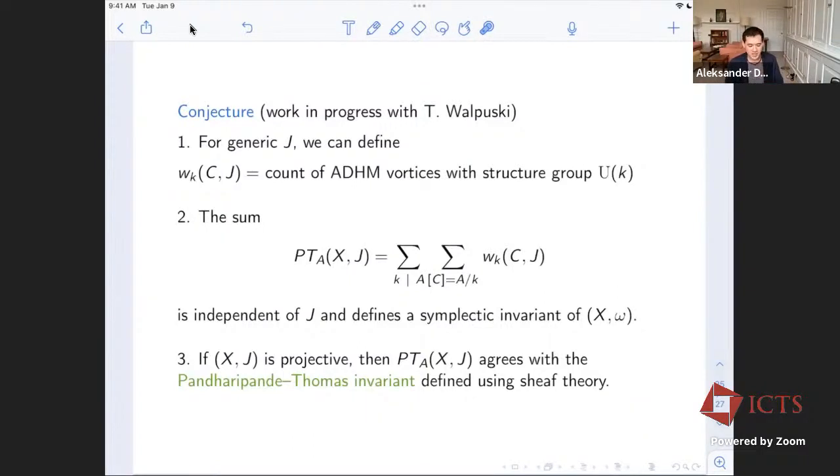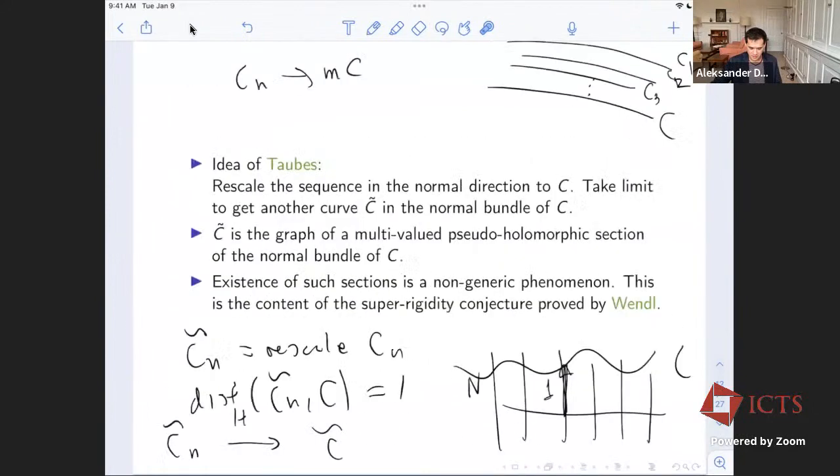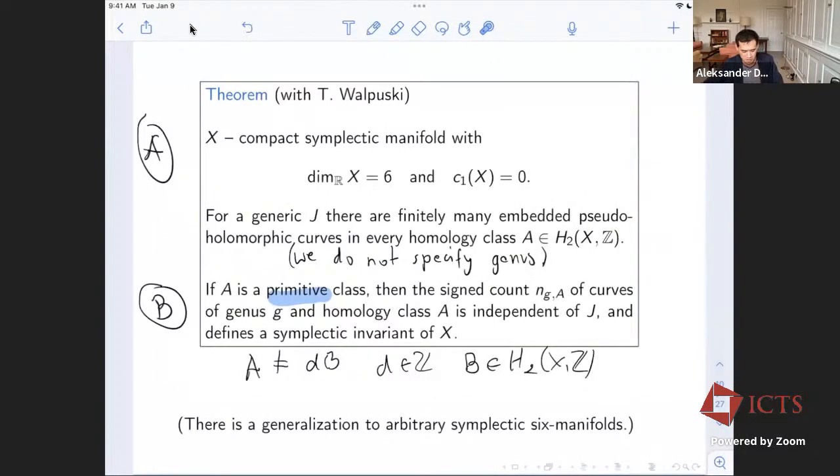Actually, I should say that there was earlier work of Zinger. I'm sorry, I should have said that earlier. This B was independently proved earlier by Zinger. I think maybe I shouldn't have put both of these together.